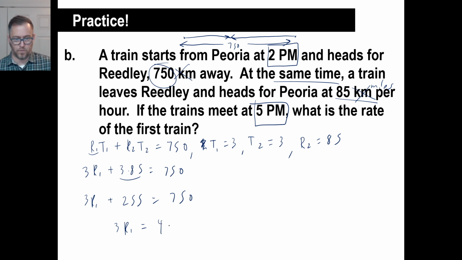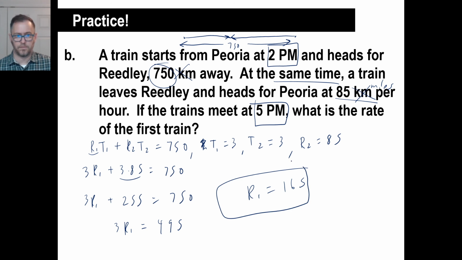And that's going to be what, 495? Is that right? That seems huge. Good gravy. Okay, well anyway, 3 times the rate of the first train, we'll just divide. 3 into 495 is 165 miles an hour. That's a heck of a fast train.